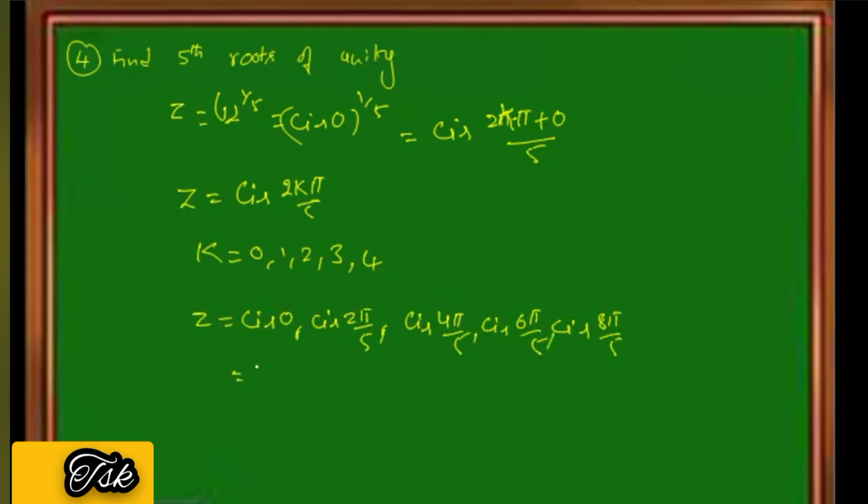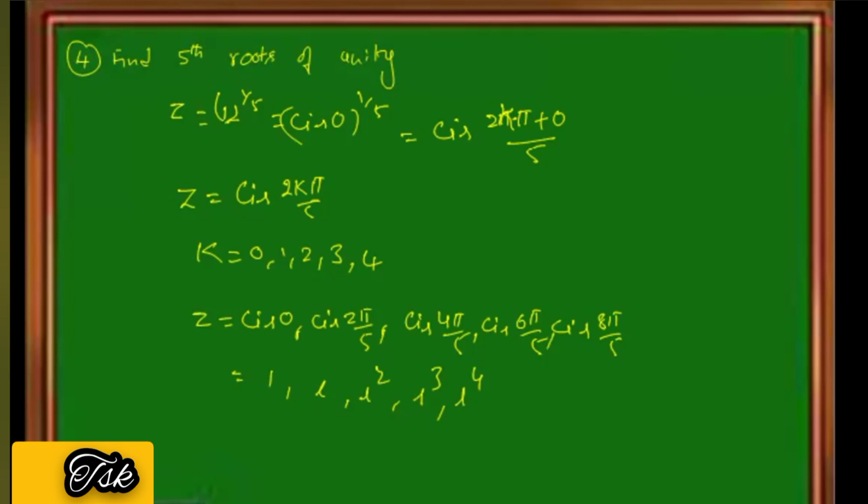If you consider the second root as L, the others become L square, L cube, L to the power of 4. They are in GP. So the nth roots of unity will be in GP.